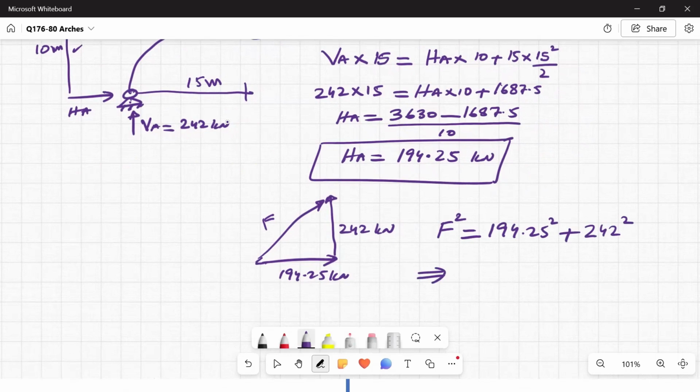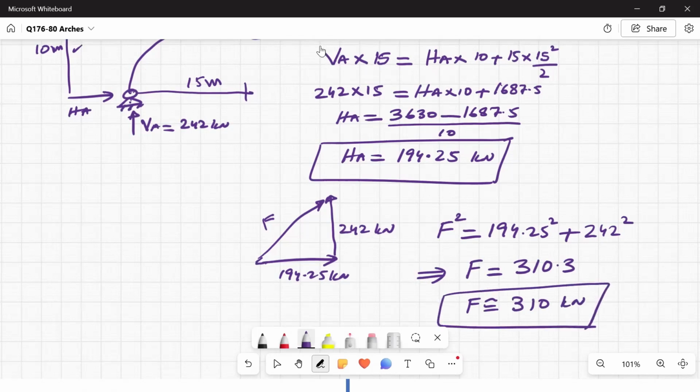If I simplify this, I will get F as 310.3, and I'm saying that F is 310 kilonewton. This is the maximum thrust that the arch can have, and this is at point A where it will experience the maximum one.